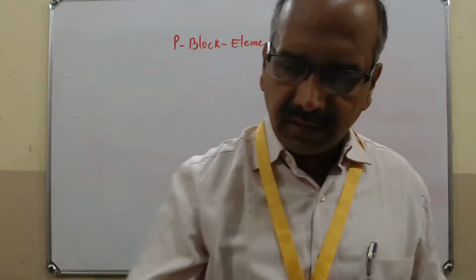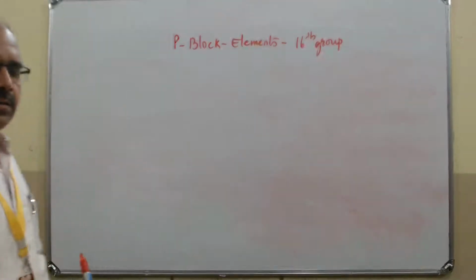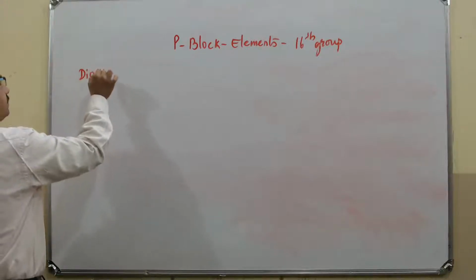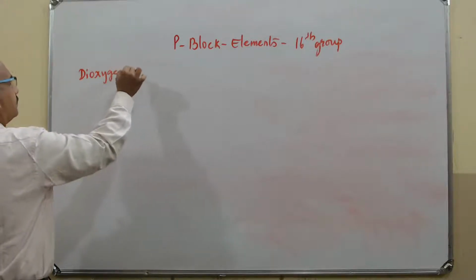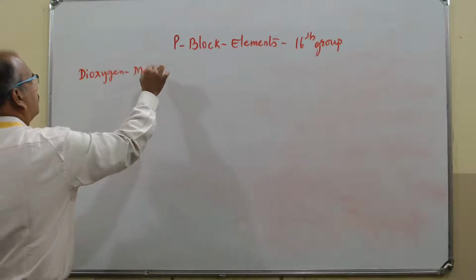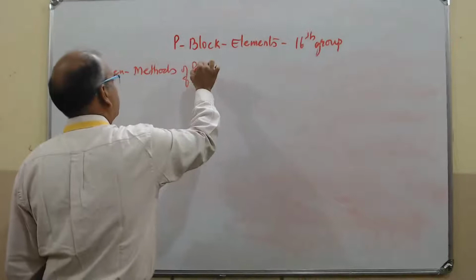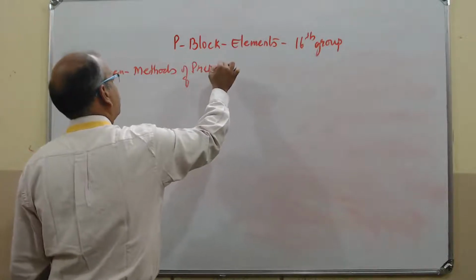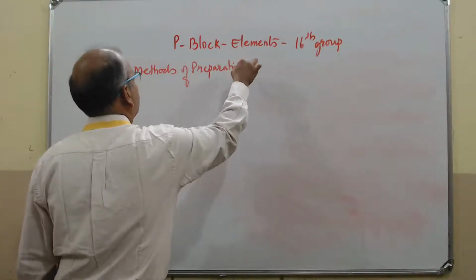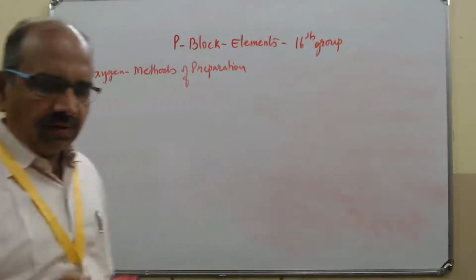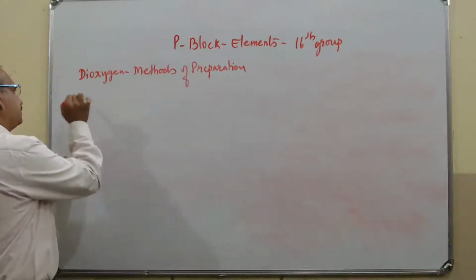Okay, the next is dioxygen, methods of preparation. One method is from the chlorates.